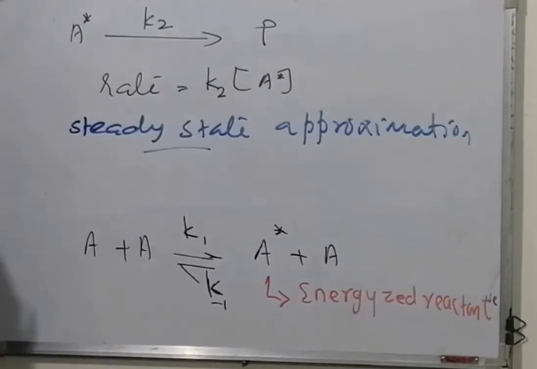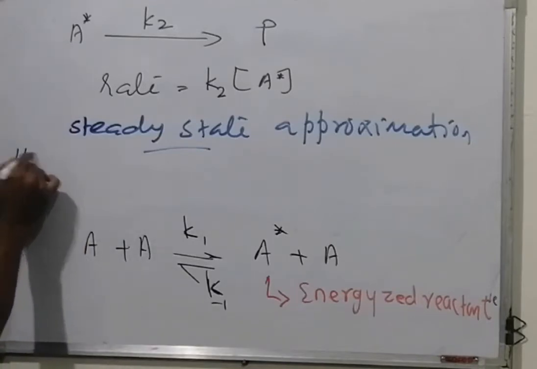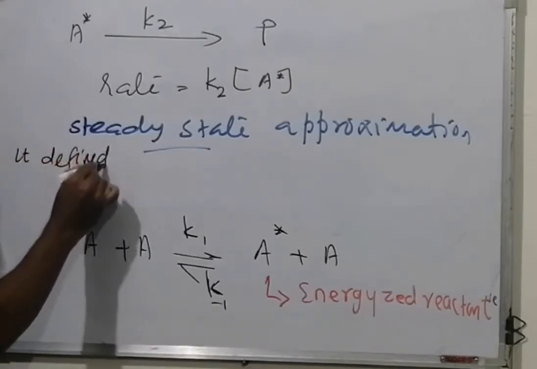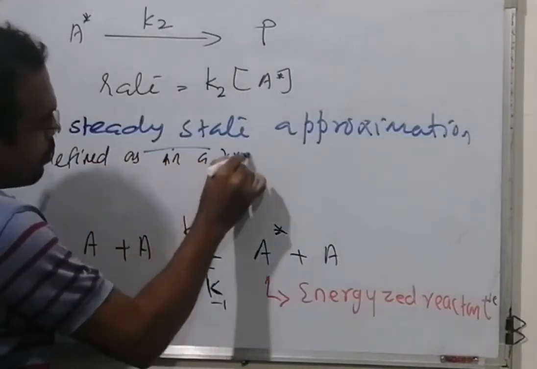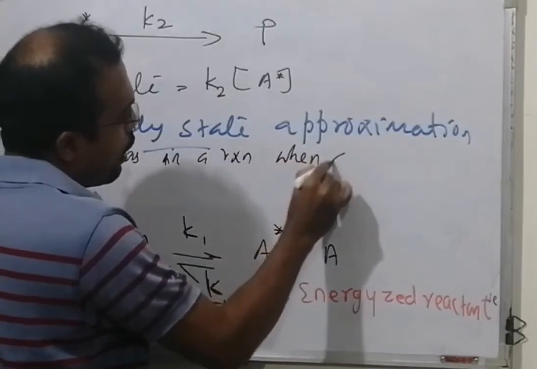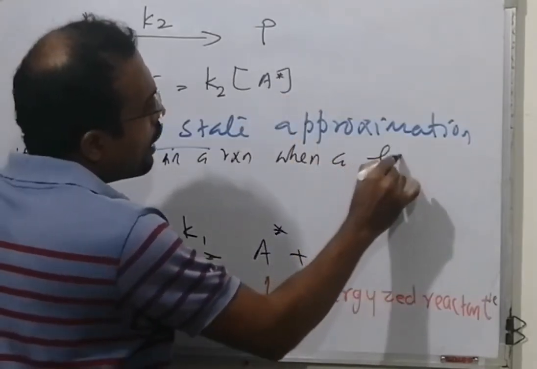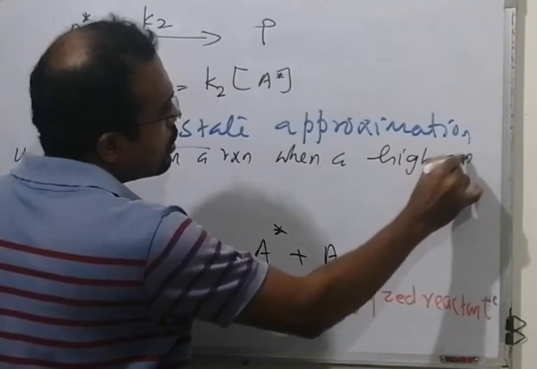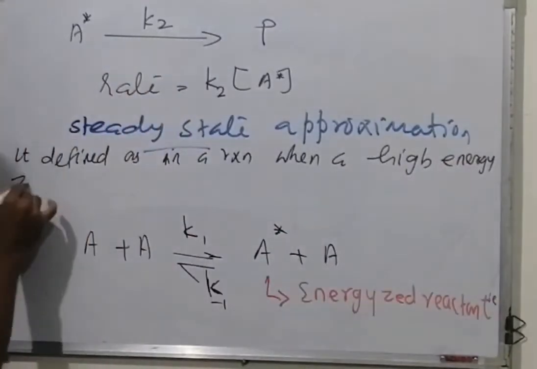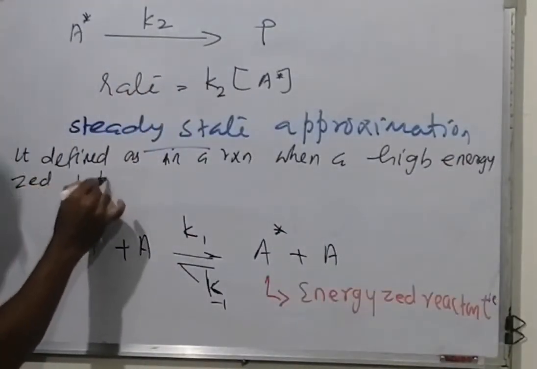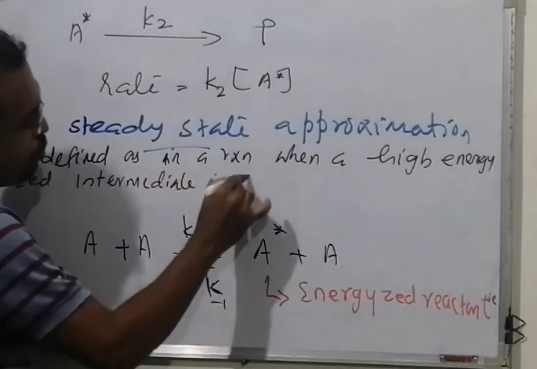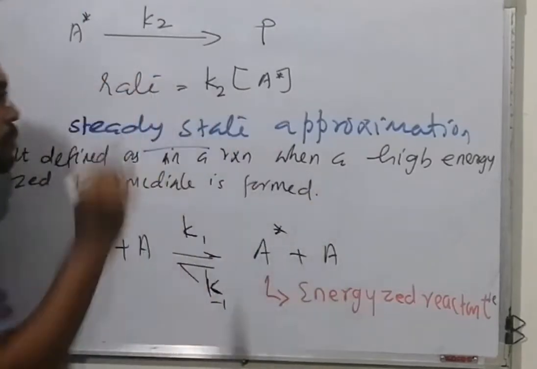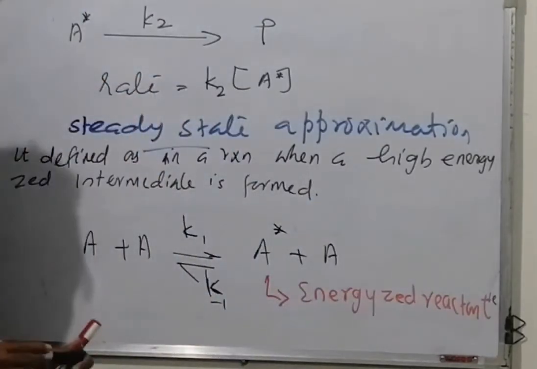Steady state approximation. This approximation is defined as follows: in a reaction when a high energized intermediate is formed, like A star.